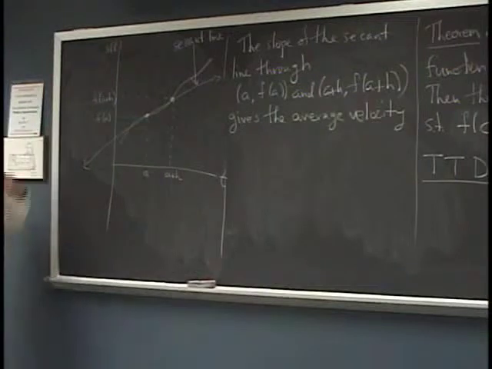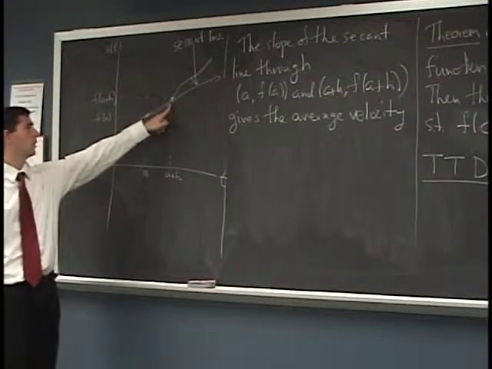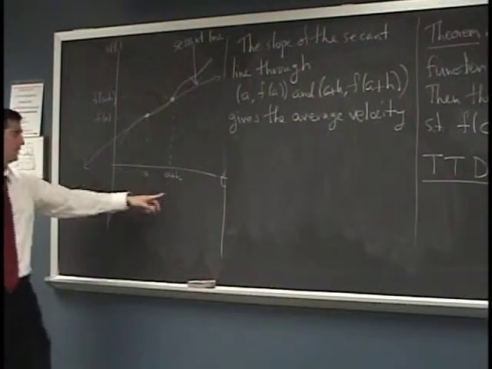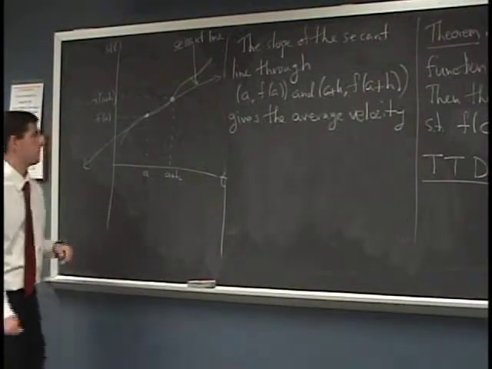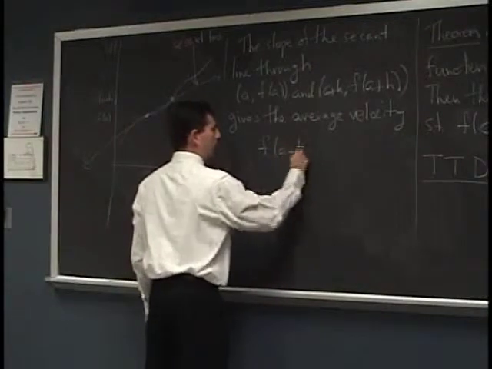The next thing we did is we started moving this point closer and closer to this point a, or equivalently, we started making this h smaller. So we had this equation for the slope.